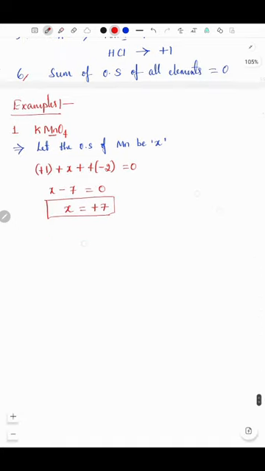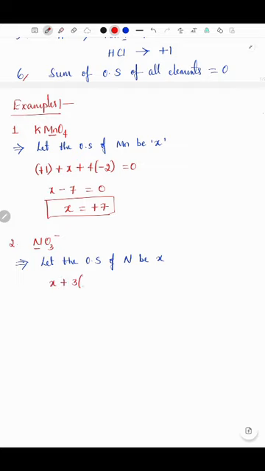Now we will see one more example, and the example is NO3 minus. Here, the oxidation state that we are supposed to calculate is for nitrogen. Let the oxidation state of nitrogen be X. So X plus, there are 3 oxygen atoms, 3 into -2, is equal to -1.